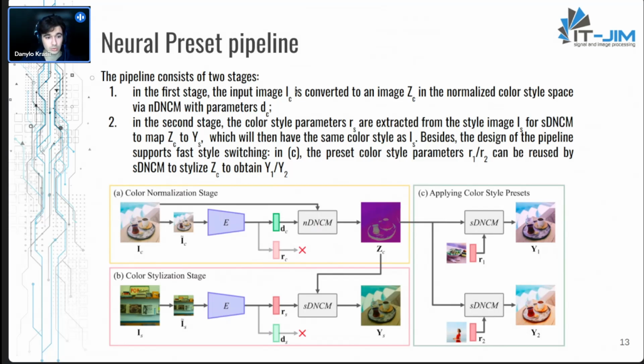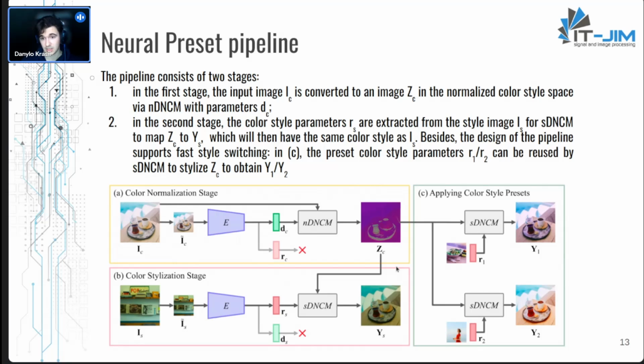Suppose that we want to transfer the color style of image I_S to the image I_C. So in the first stage, we convert I_C to normalized space Z_C using N-DNCM. And in the second stage, we extract parameters R_S, and using S-DNCM, we combine the normalized image Z_C with those parameters and get some stylish new image Y_S.